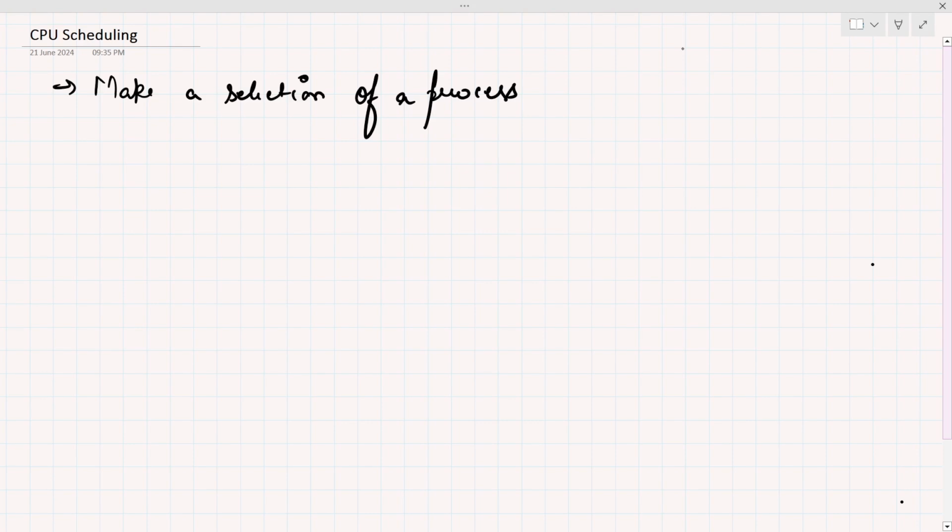And what is its goal? Why does the CPU scheduler schedule the processes, and what do we achieve after doing this? The goal is to minimize the waiting time and the turnaround time, TAT. Now what is waiting time and what is turnaround time?